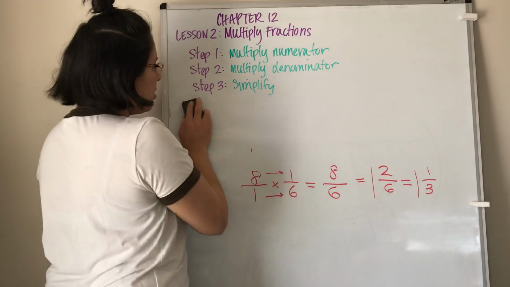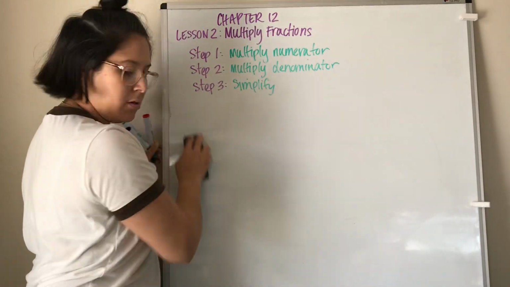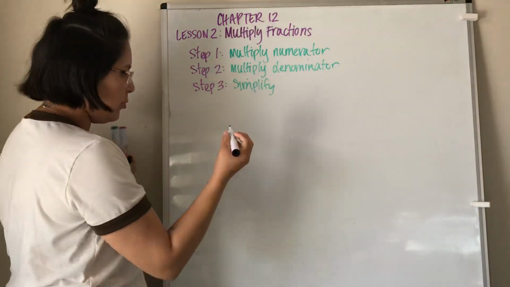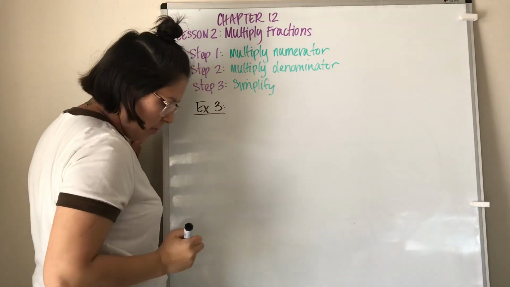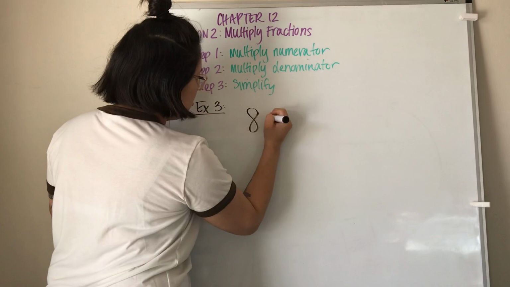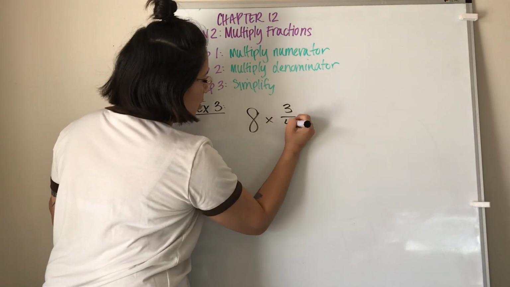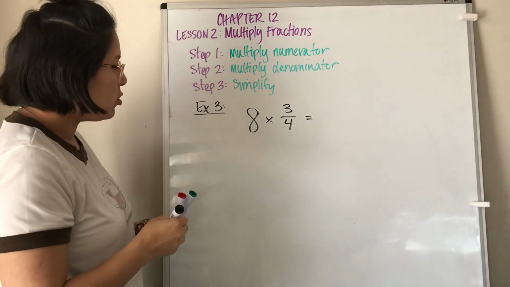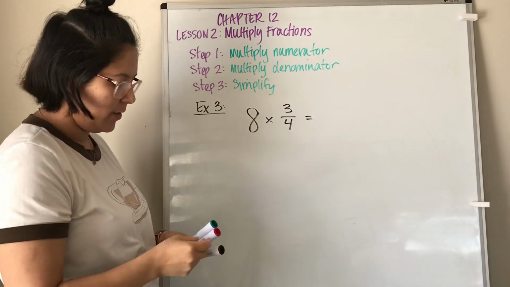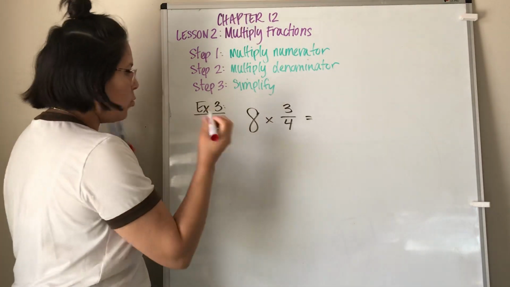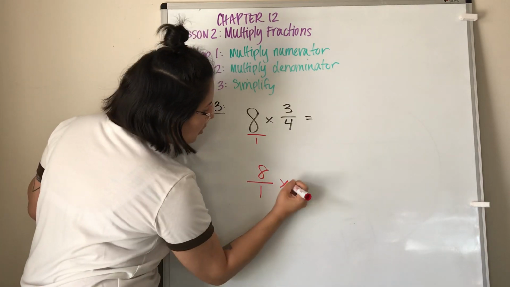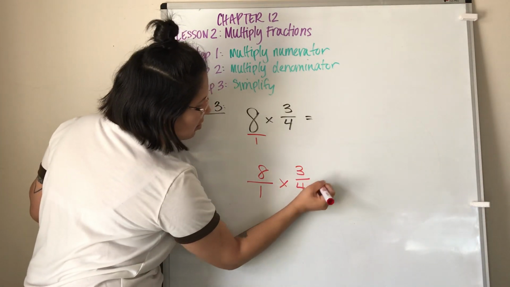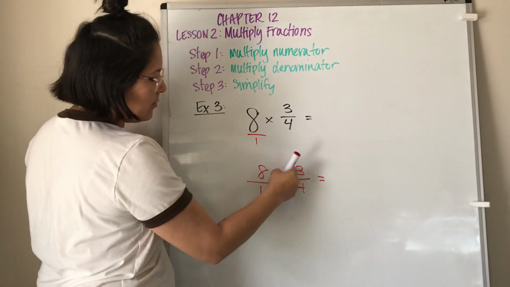All right, I'm going to do one more example. Okay, example 3. 8 times 3/4. Okay, so what did I say to do? If there's a whole number by itself here, I said to draw an imaginary 1 underneath it. So this becomes 8 over 1 times 3/4 equals 8 times 3.